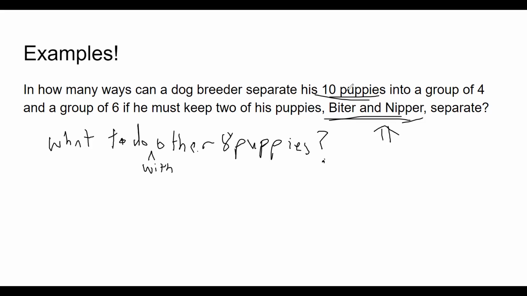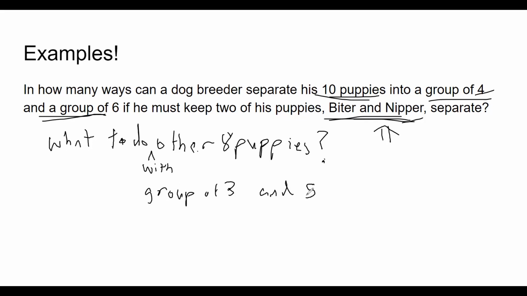We can put them in whatever group and they won't mind, right? There's a group of 4 and a group of 6, but biter and nipper have to be separate, so one of them has to be in the group of 4, the other has to be in the group of 6. So if we take them out of the equation, this becomes 8 puppies and a group of 3 and a group of 5.